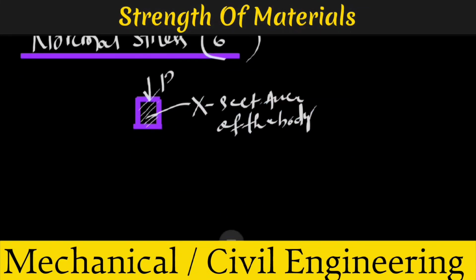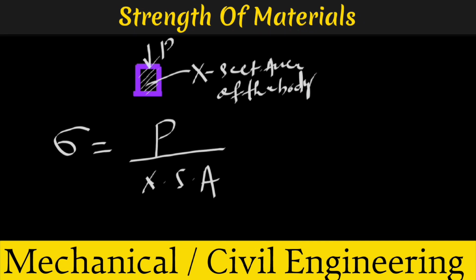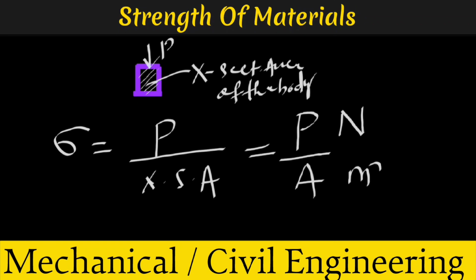We have to calculate the sigma, means normal stress sigma equal to force applied P to the cross sectional area. Simply we can write force by area. So here P is the force in Newton, and A is the area in meter square.